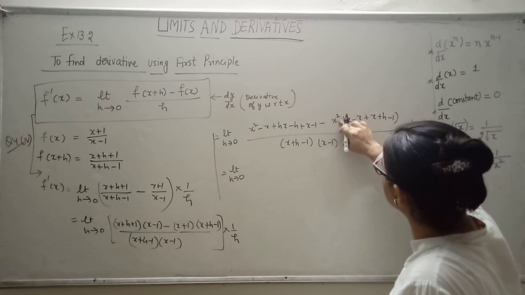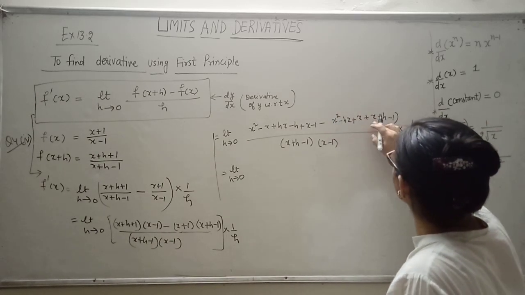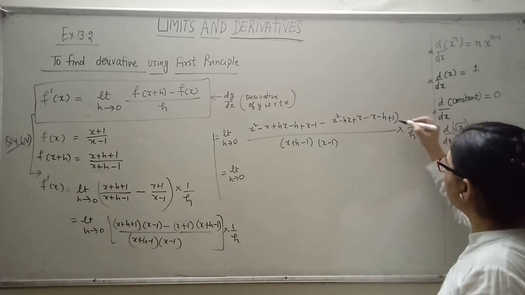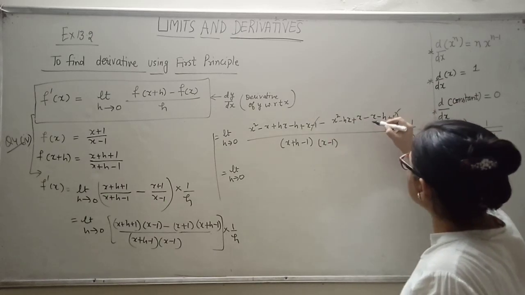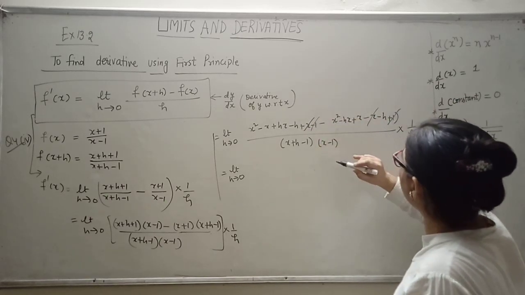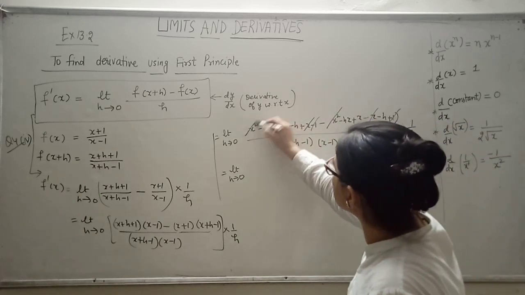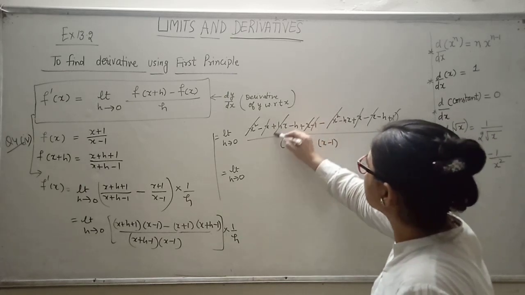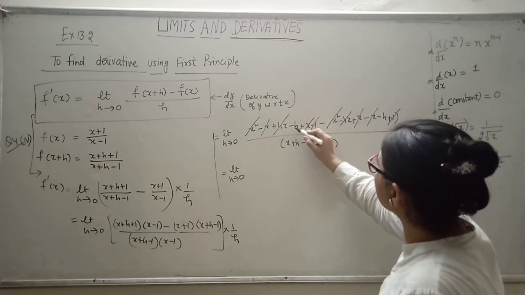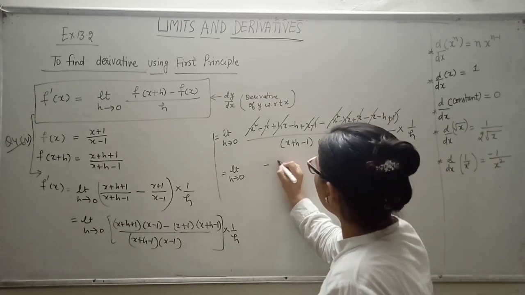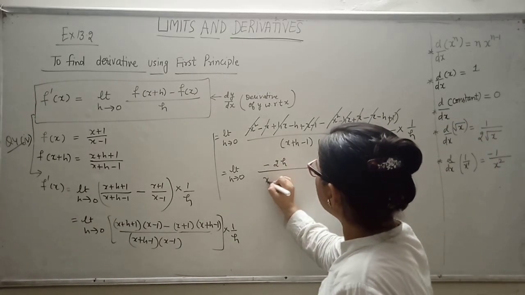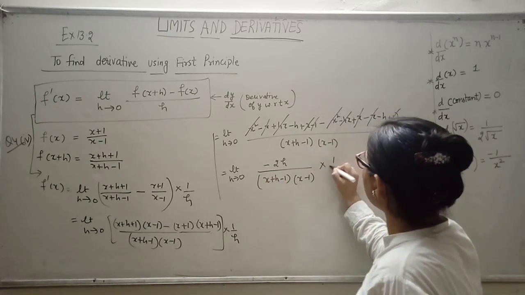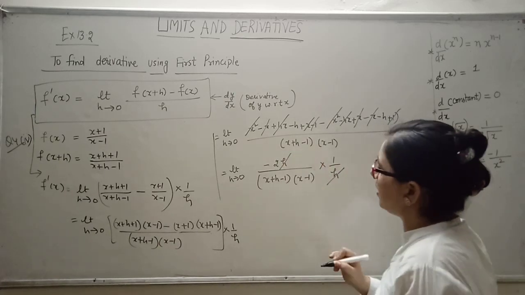This plus becomes minus, this plus becomes minus, the minus becomes plus, the plus becomes minus, the plus becomes minus, this becomes plus. Now cancel: 1 minus 1 cancels, minus x plus x cancels, now minus x square cancels, plus x minus x cancels, plus hx minus hx cancels. So what is that? Minus h, so minus 2h upon x plus h minus 1, x minus 1 into 1 by h. So this h is cancelled by h.